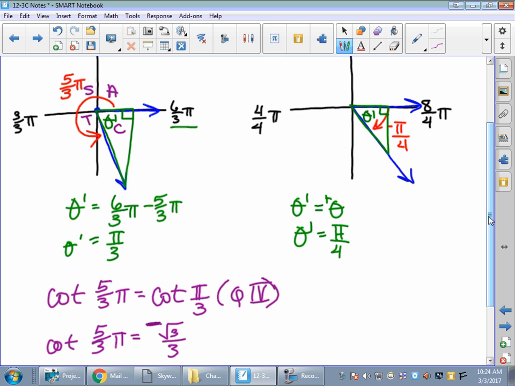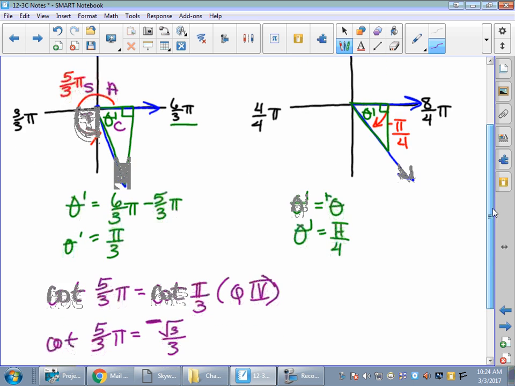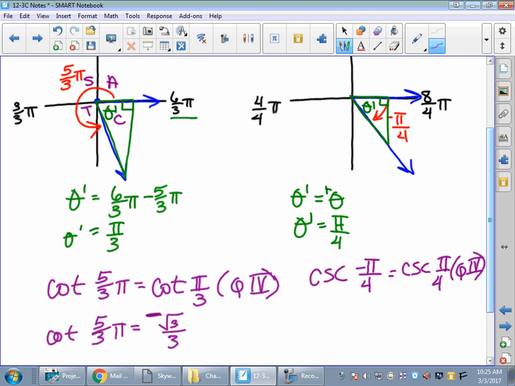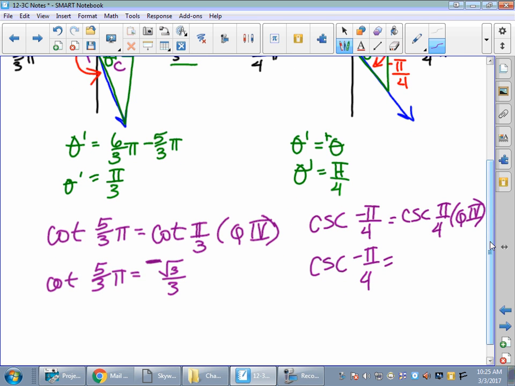So now that I know it's pi over 4, I can bring in the actual trig. We're doing cosecant. So the cosecant of negative pi over 4 is equivalent to cosecant of positive pi over 4, but we are in the fourth quadrant. Cosecant is buddies with sine.